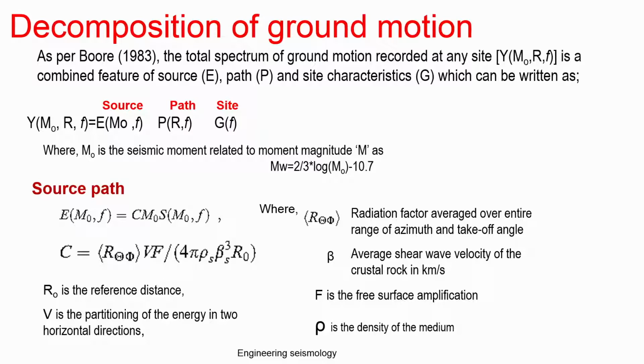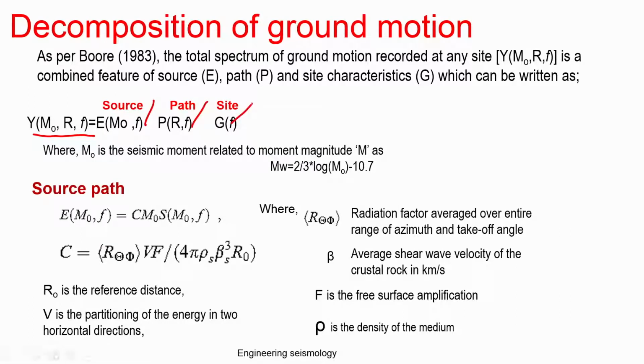This is what we understand. So, the ground motion at any particular site is a function of source, path and site.